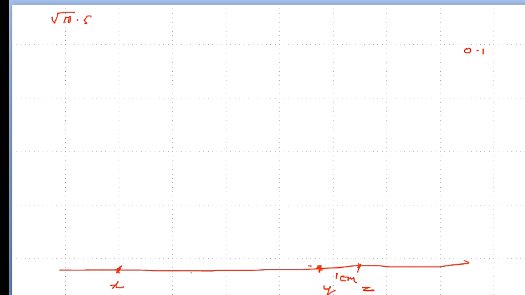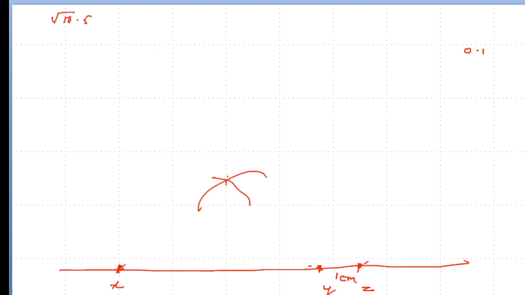Now bisect X and Z. You all know bisecting better. Put your compass at X and make an arc, and at Z make another arc. You can make it on both sides, which is better.